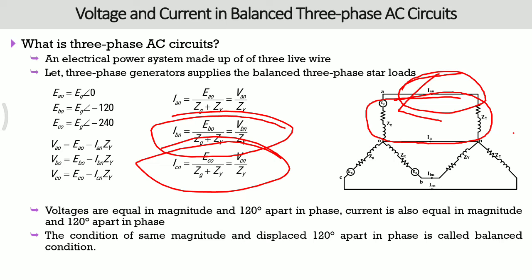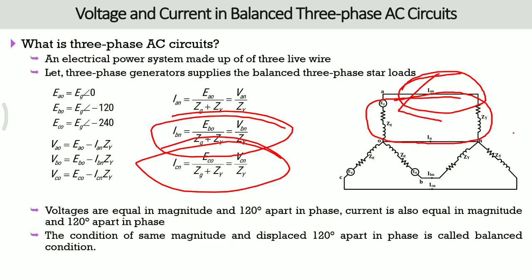So whenever you encounter problems, and whenever you are asked what the balanced and unbalanced condition is, at that time you have to mention these two things. In balanced condition, the currents have the same magnitude and are displaced 120 degrees apart from each other.